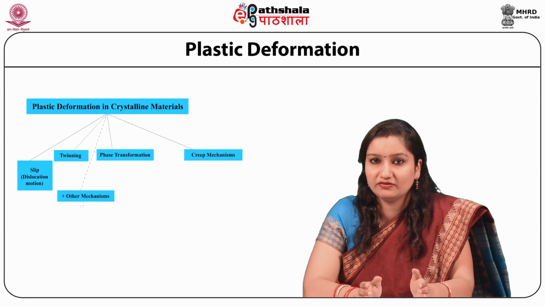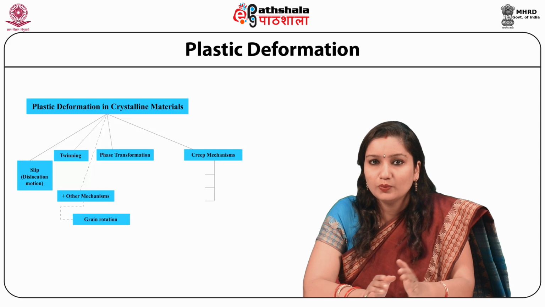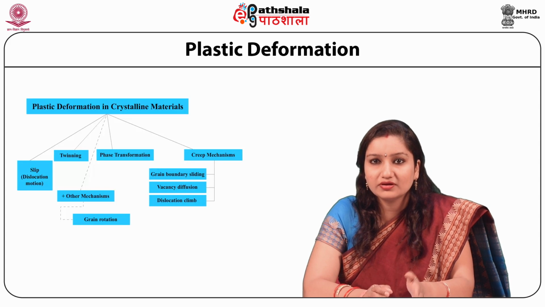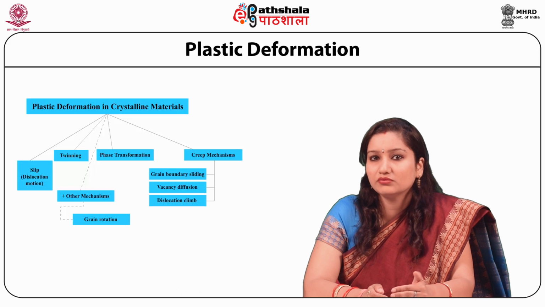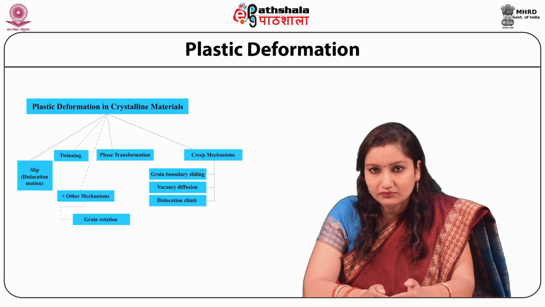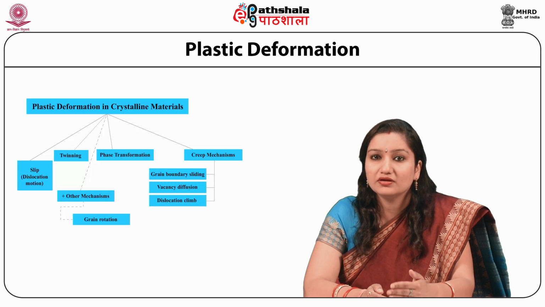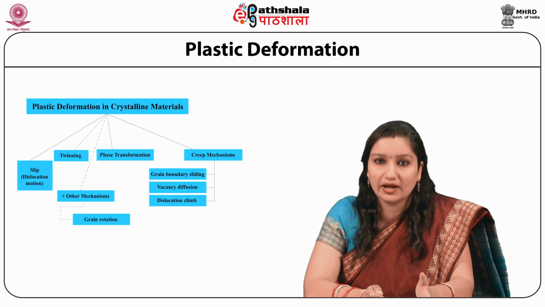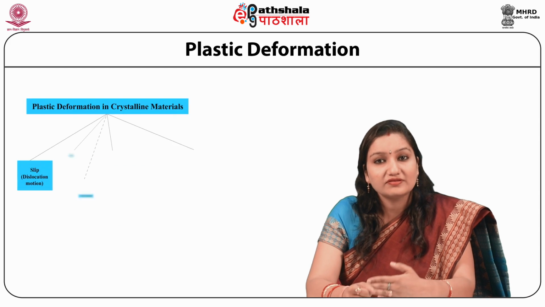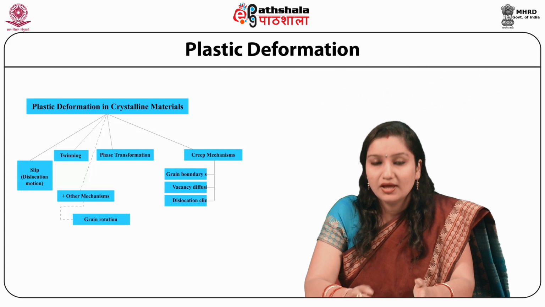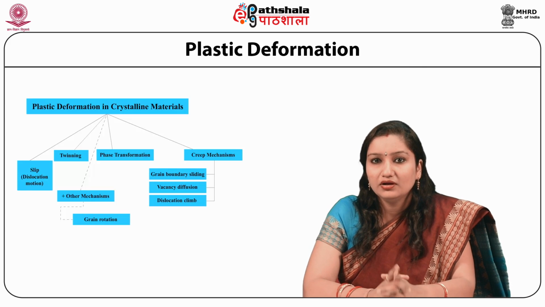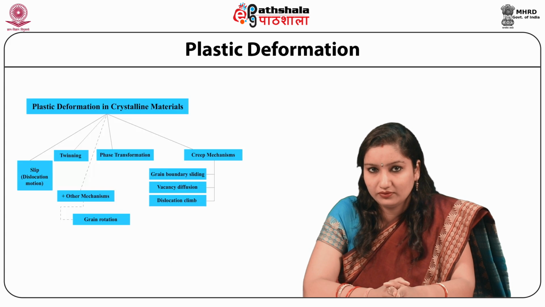Now the creep mechanism is a broader category which includes 3 further sub-mechanisms leading to plastic deformation in crystalline materials. The first subcategory is grain boundary sliding. The second is vacancy diffusion. And the third one is dislocation climb.